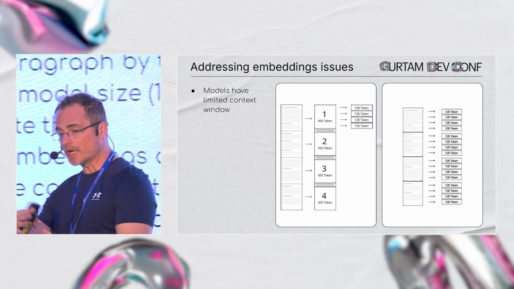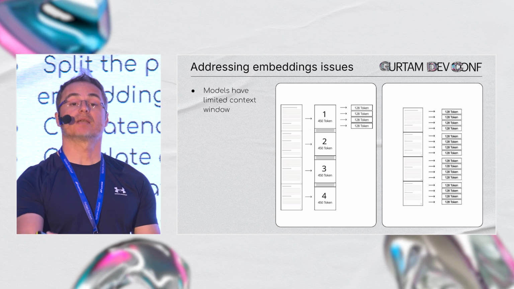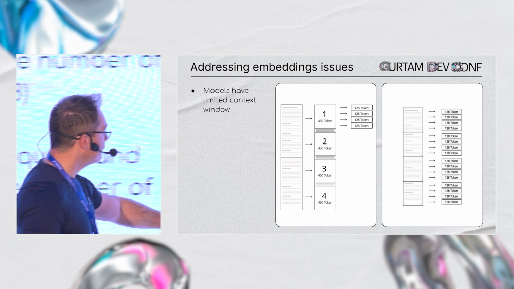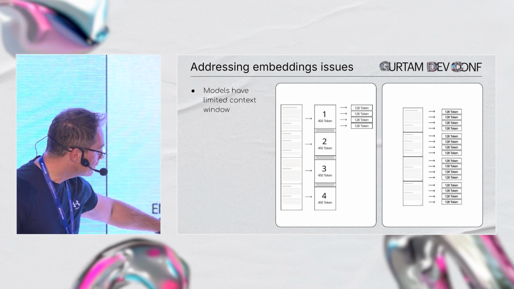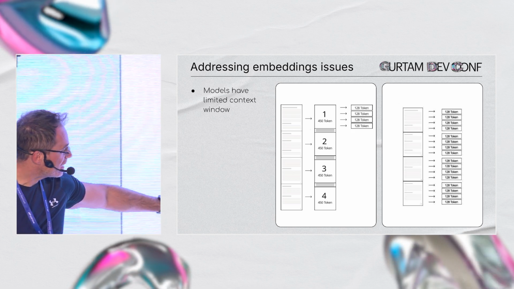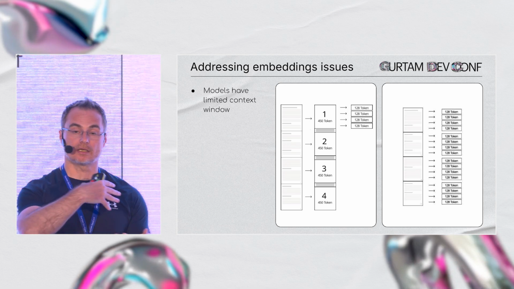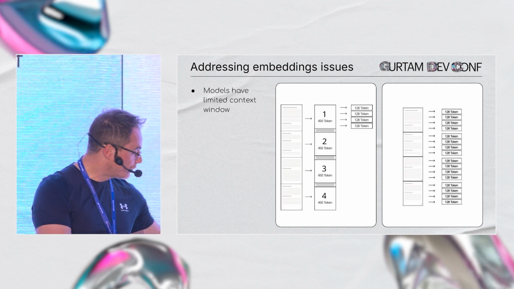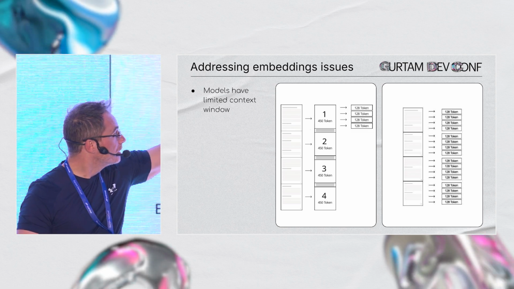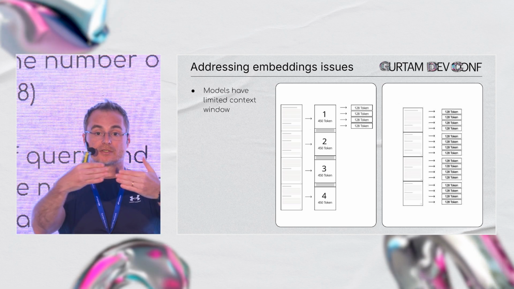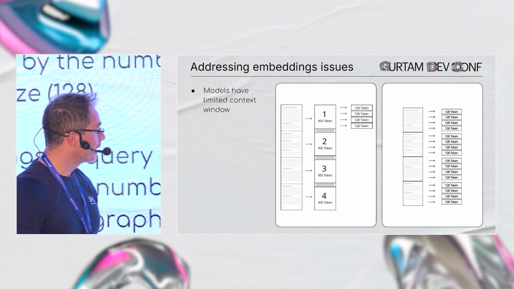But you can only compare vectors of the same size. So I must have the same size for the query and for the concatenation of the paragraphs merged together.